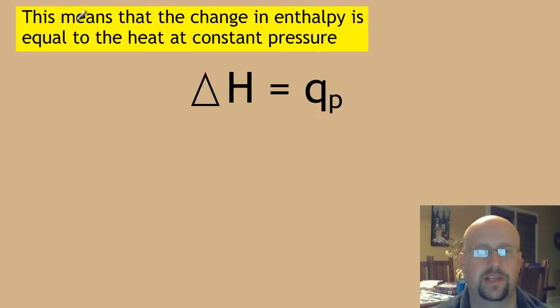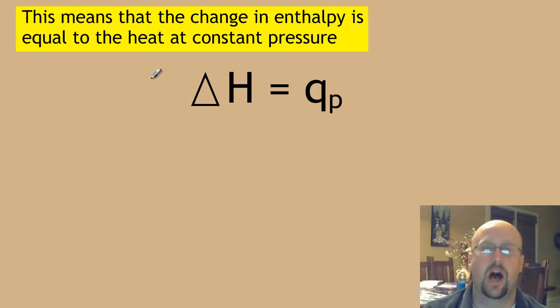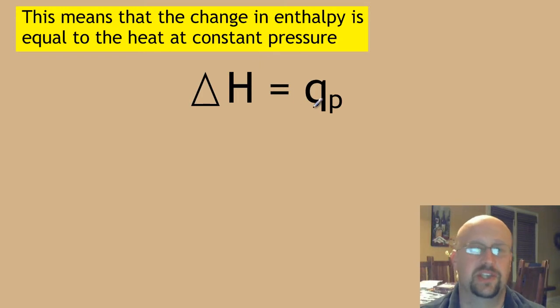And that is going to be pretty awesome because that's going to allow us to do some easier calculations. We're going to do a lot of calculations with enthalpy coming up. Hess's law and standard enthalpies of formation and all that stuff, and that's really sort of the heart of thermochemistry, and it's all due to the fact that enthalpy is essentially the heat at constant pressure.